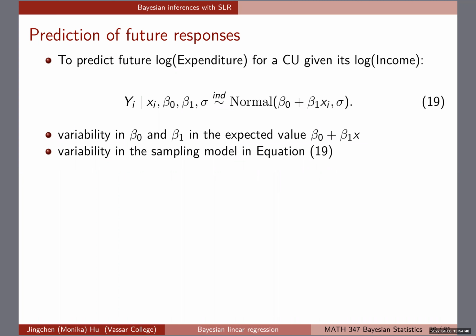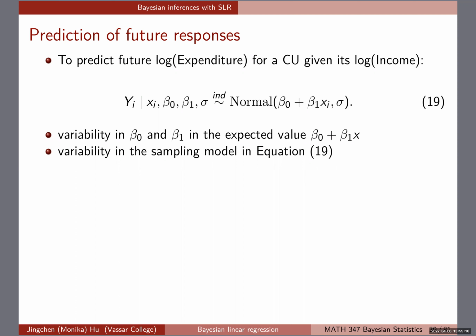We have a large number of draws of them out of our MCMC estimation. So we don't just get 1 point for each of them, unless you just take the mean. Otherwise, each pair of beta 0, beta 1 is going to give you different means. So that will translate into the variability overall in the predicted yi in the future as well.